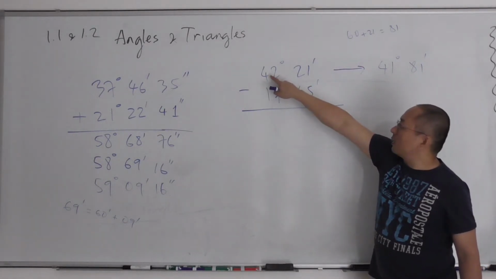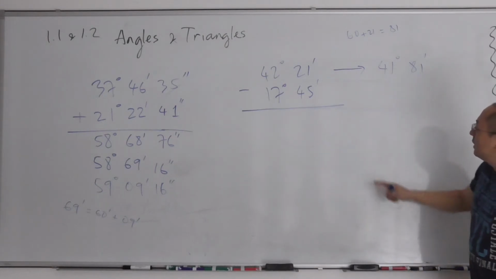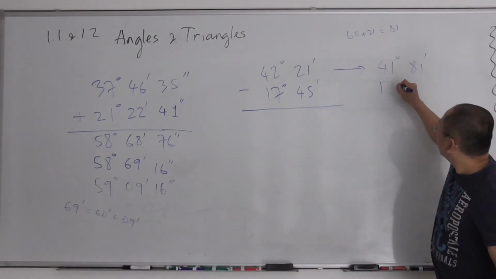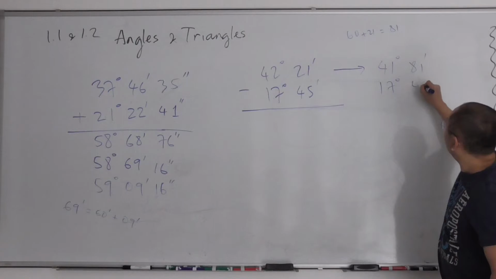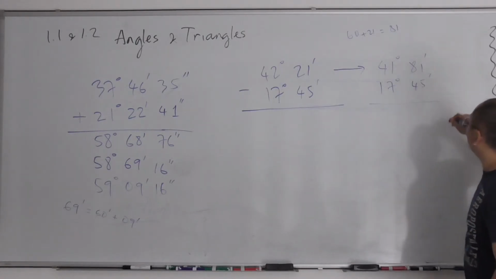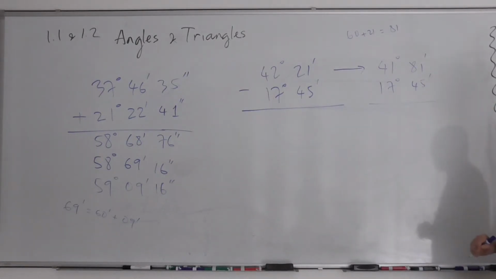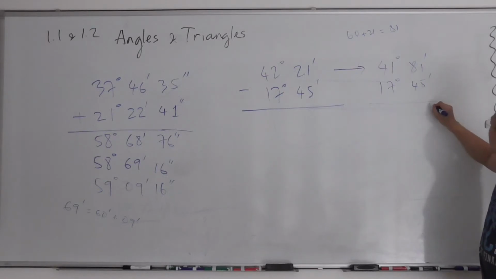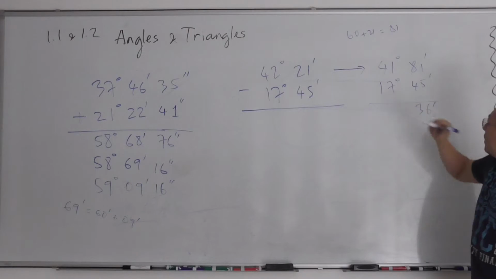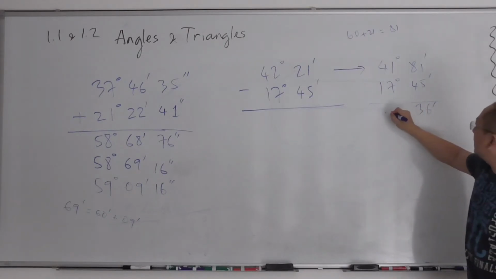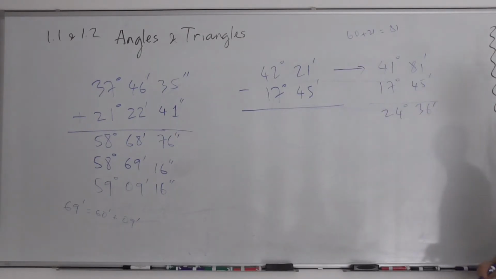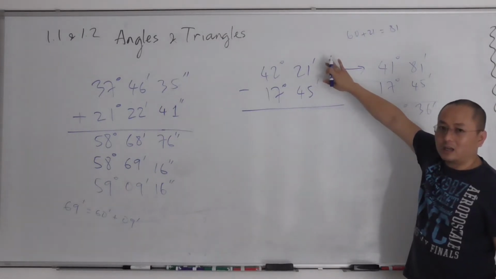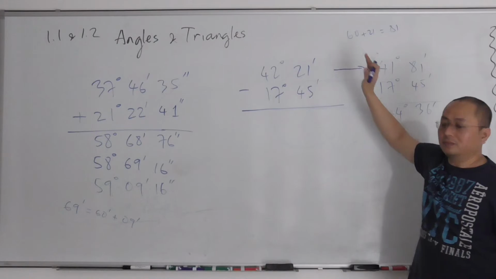And now I took 1 degree away, 41 left. The second one I keep the same, 17 degrees and 45 minutes. Now I'm okay to do subtraction. 81 minus 45 is 36 minutes, and 41 minus 17 is 24 degrees. I have the answer.